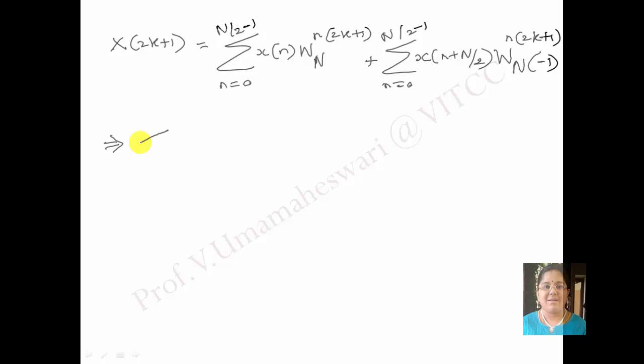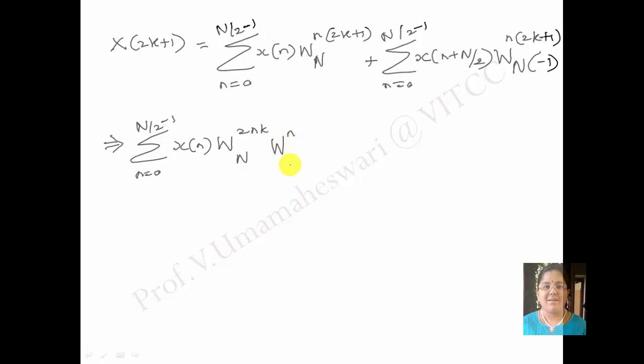Fine. So it will become the expression, I can write it as 0 to n by 2 minus 1, x of n, w 2nk to the base n. I am doing it stepwise.